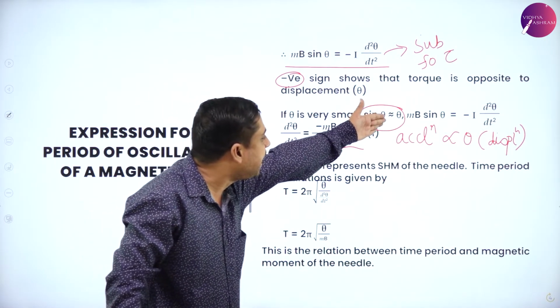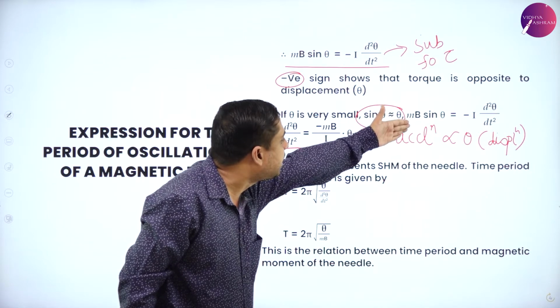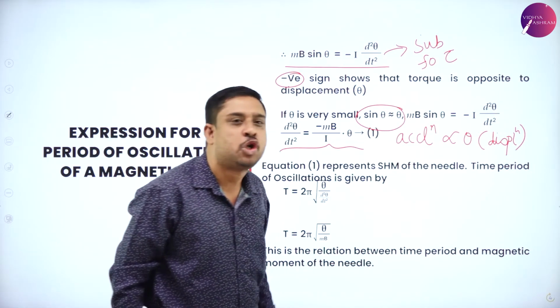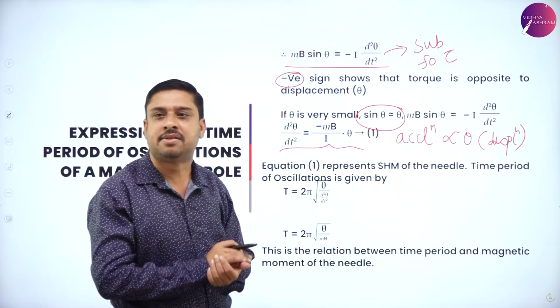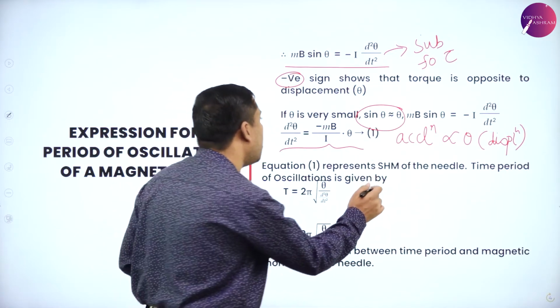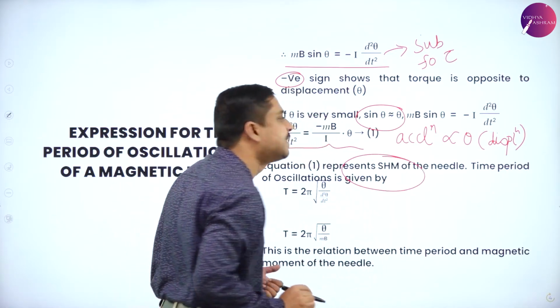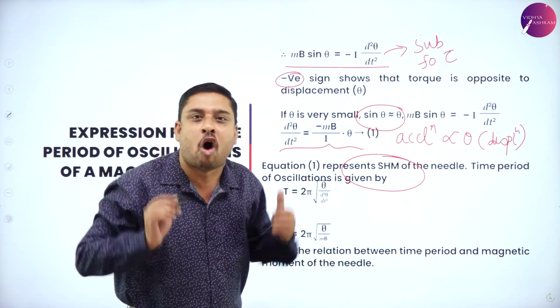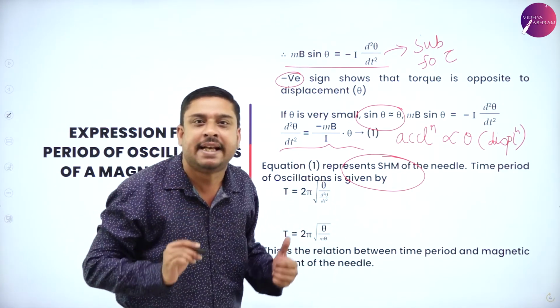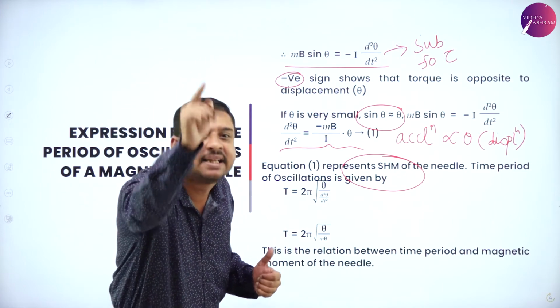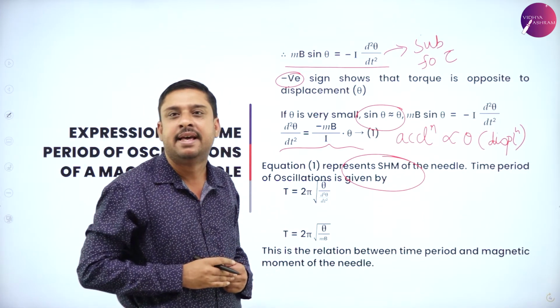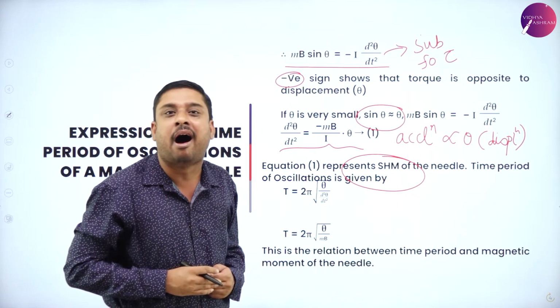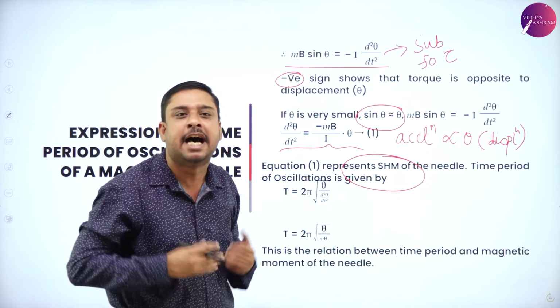So acceleration is directly proportional to displacement, and that is one of the features of simple harmonic motion. So the oscillations of the needle in the magnetic field are simple harmonic in nature. Why?